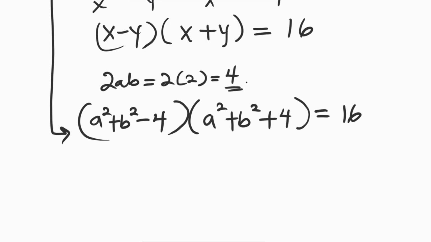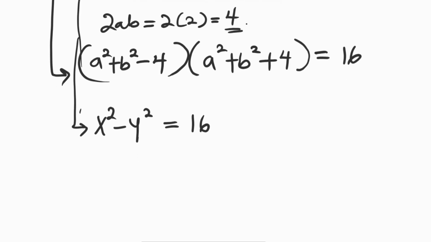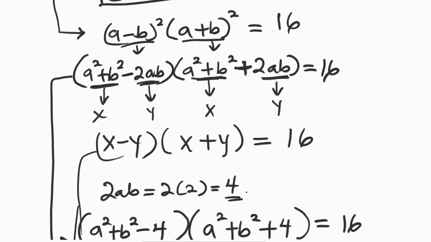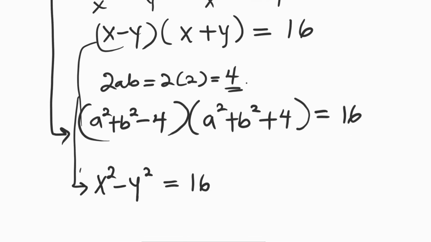Now from here, x minus y times x plus y is the same as x squared minus y squared, and we're saying that that's equal to 16. Now what is our x? Our x, we said, is a squared plus b squared.